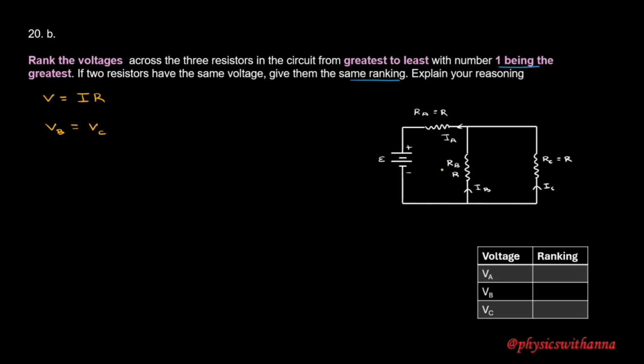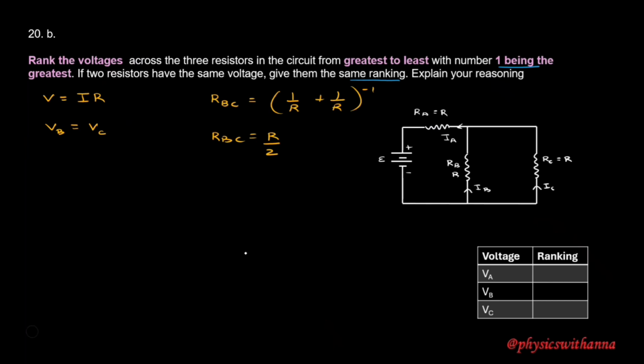First, we will combine RB and RC. Both RB and RC have the same resistance R. So I get their equivalent resistance RBC to be equal to (1/R plus 1/R) raised to negative 1. So RBC becomes equal to R by 2.